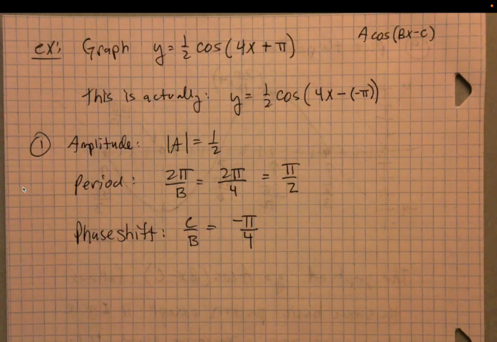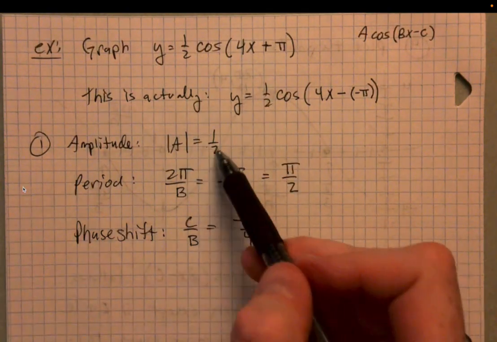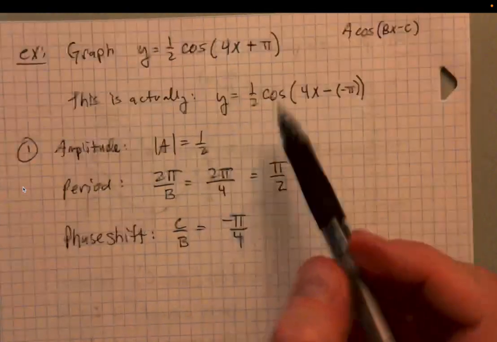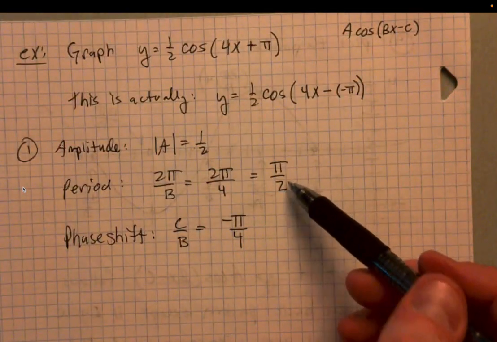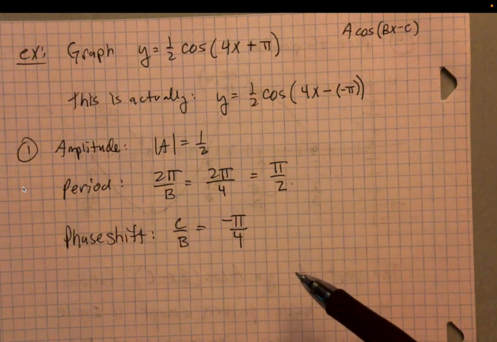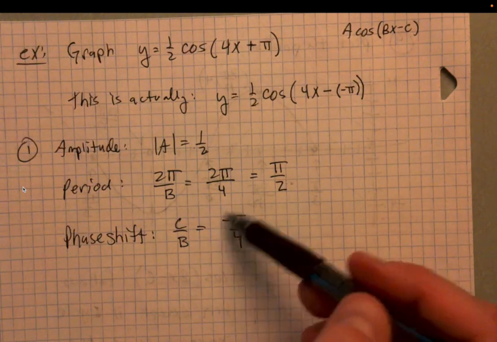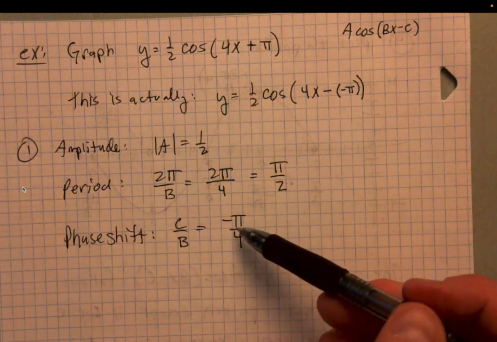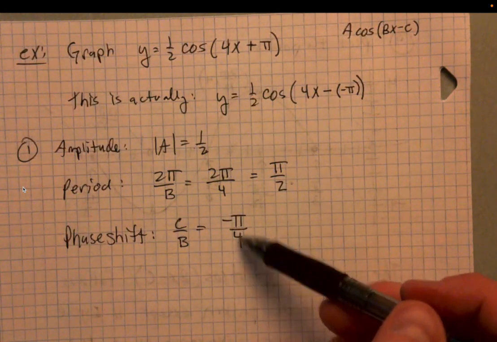Okay, so you've got your three important features of the function, and so we can see that the graph is now going to oscillate between 1/2 and negative 1/2. The period is only pi over 2, and the graph is shifted such that a normal cosine period is going to actually begin at negative pi over 4.